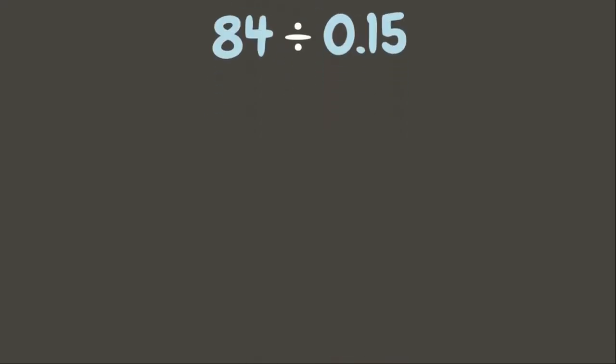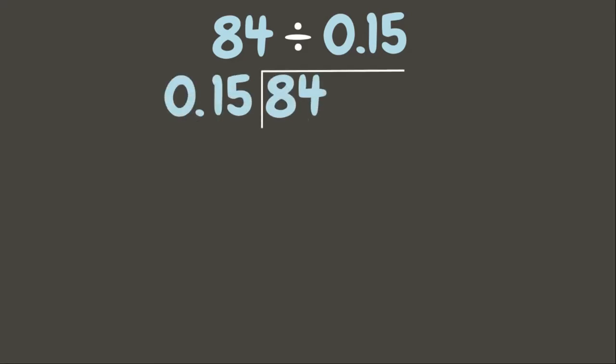Now let's have another example. Let's write it down in a long division form. There. Remember, our first step is to change the divisor into a whole number. Let's move the decimal point to the right. Let us count. 1, 2. Now at this point, we can already remove 0.